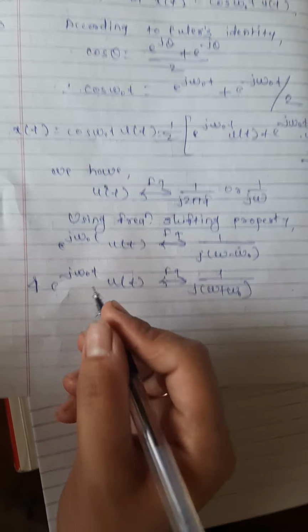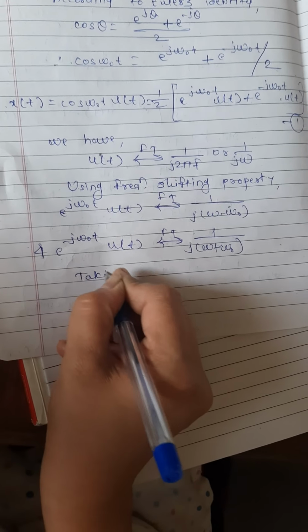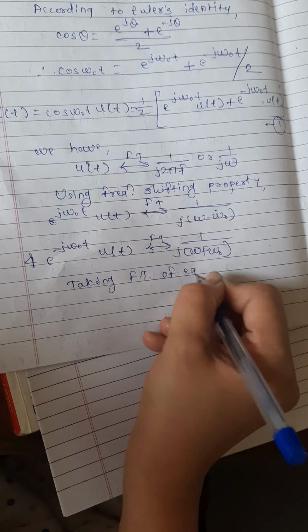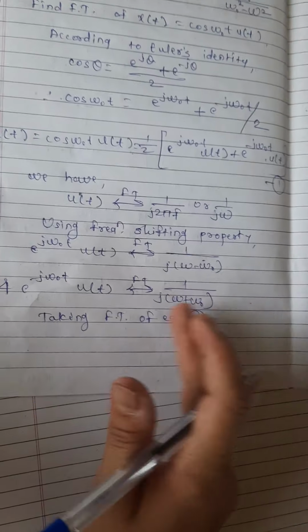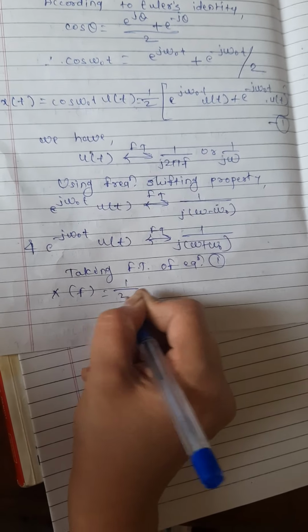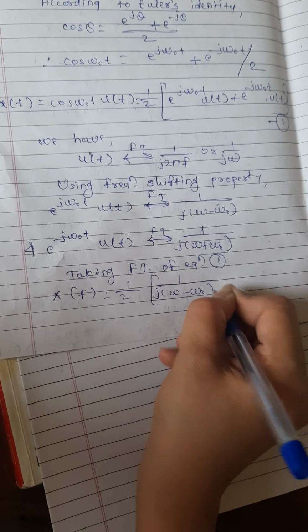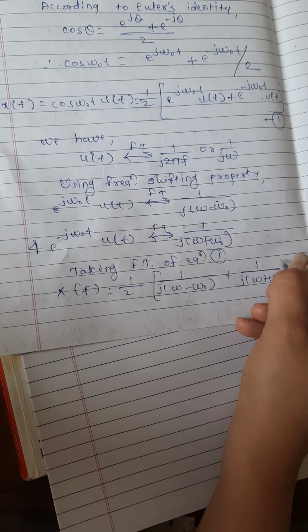Now, taking the Fourier transform of equation 1, we can write X of f is equal to half into bracket 1 by j into omega minus omega 0 plus 1 by j into omega plus omega 0.